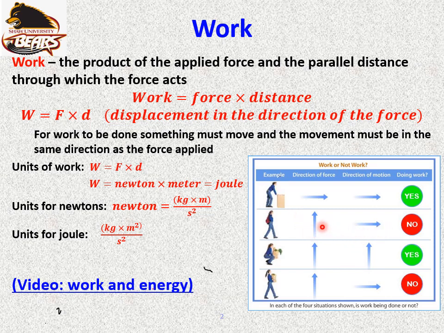In any other angle, you simply apply a percentage, the cosine, a number less than 1, which is the percentage of the force being applied in the direction of motion, and that gives you how much work is done. So work is force times distance. The unit of work, once again, is the joule. And I also encourage you, or require you, to watch this video.